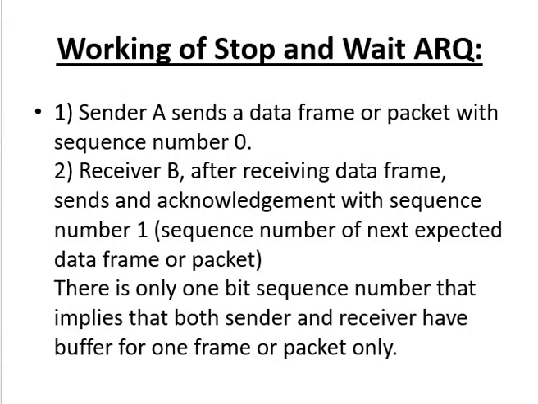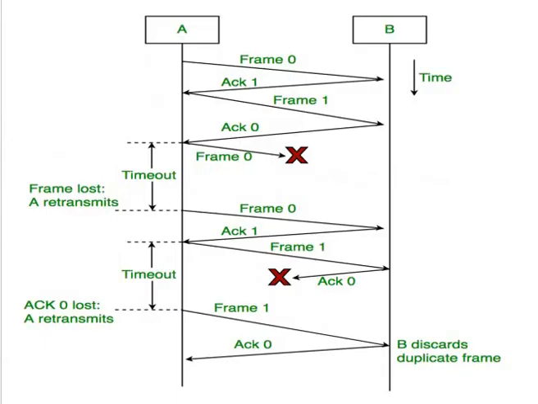Let's study the working of stop and wait ARQ. Now study this diagram. It gives you the working of the stop and wait protocol. First, sender A sends a data frame or packet with sequence number 0. Receiver B, after receiving the data frame, sends an acknowledgement with sequence number 1.